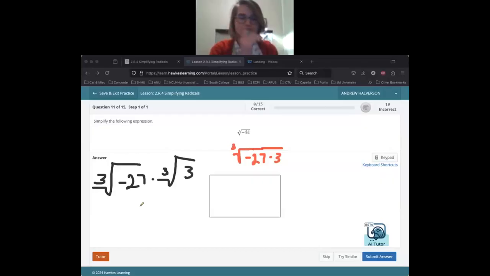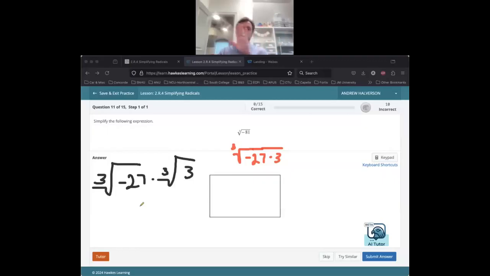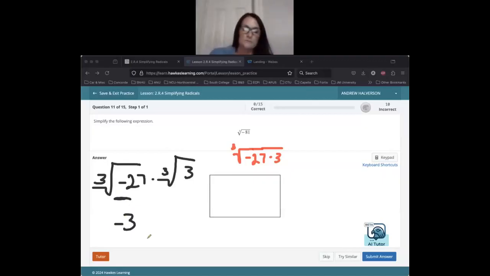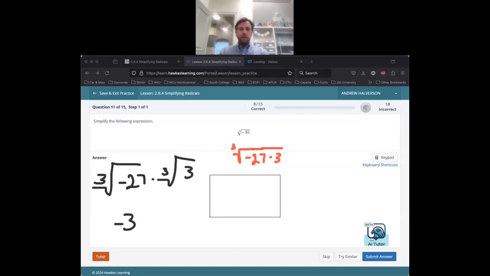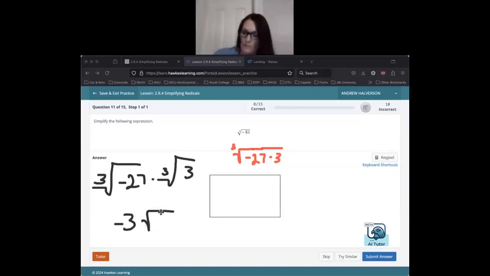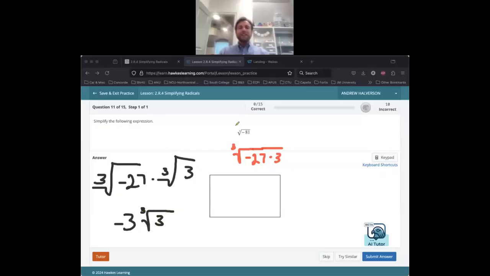Not 9, but what? Something times something times something gives me 27. What's that something? 3. And because it's negative 27, it's negative 3. And then just bring down your cube root of 3. There's a lot of 3's in this problem. So that's the answer for this one.